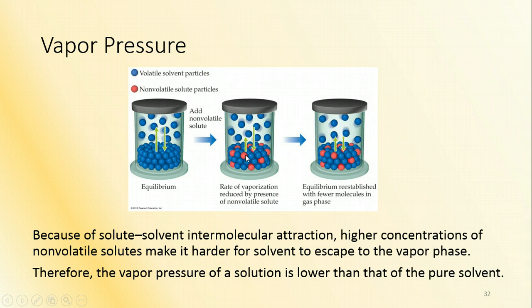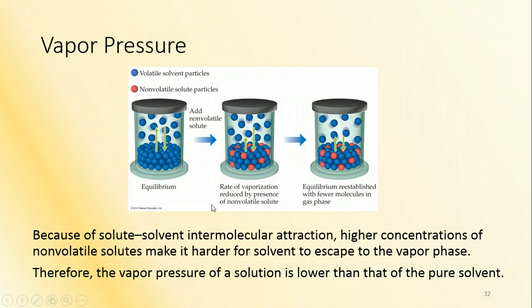They might have some stronger attractive force, like the ion-dipole force that we talked about, which might be more difficult to overcome than just the intermolecular forces we talked about in the last unit. So as a result of having these solute particles mixed in, it's more difficult for the liquid solvent particles to vaporize, and therefore the result is a lower overall vapor pressure.